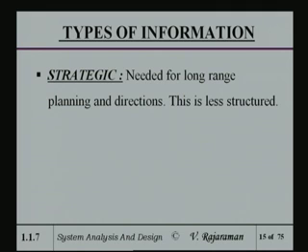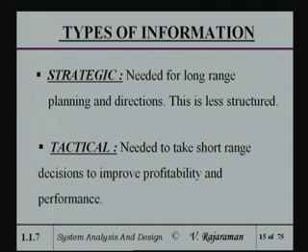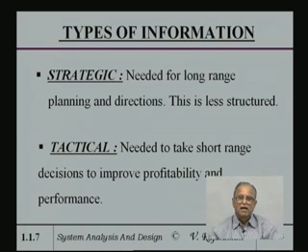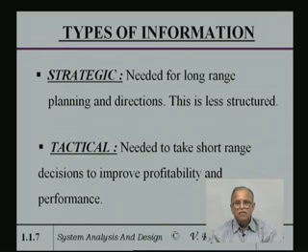So to summarize, strategic information is needed for long range planning and what directions a company or an organization has to take. This is less structured. In other words, it is not always possible to process and give you that information. For instance, suppose I want to start a new shop.